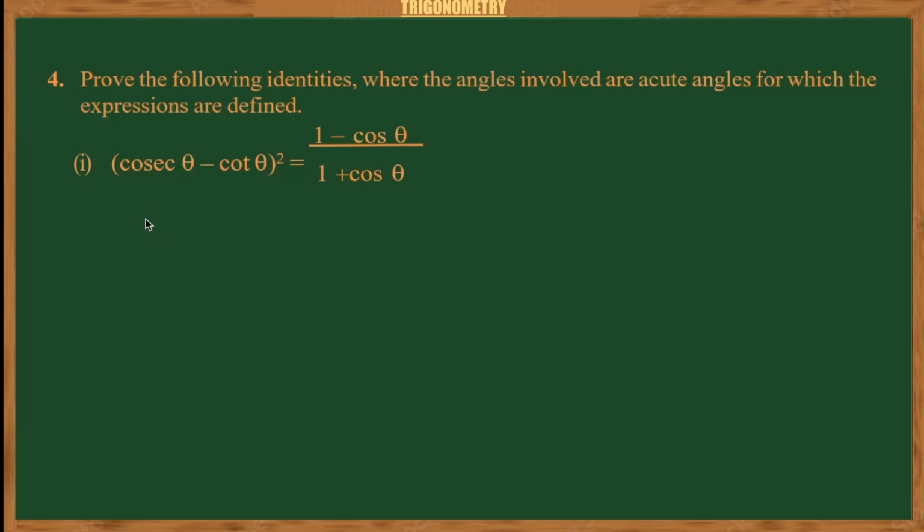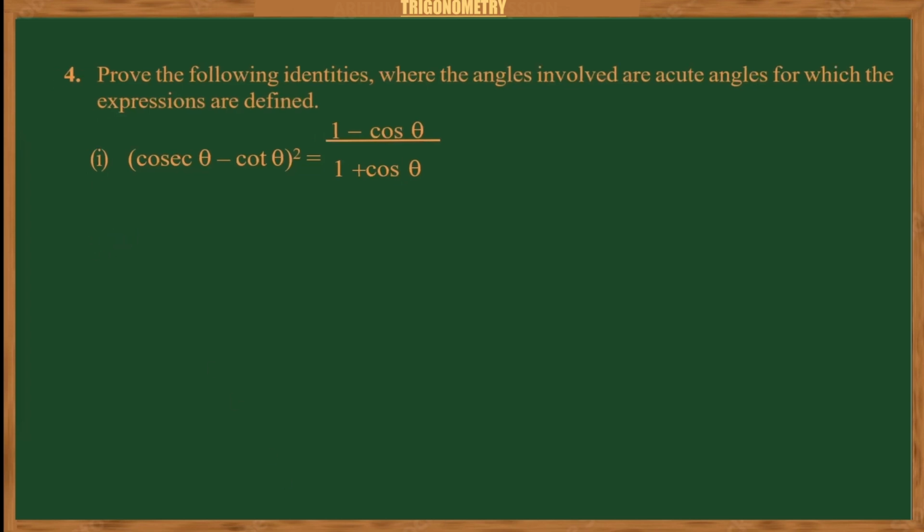So in this case we can see cosecant square theta minus cosecant theta minus cot square theta. And the right hand side, this is what we need to prove here, right? So it is in terms of cos. So let's go ahead with the conversion in terms of sine and cos. Cosecant theta can be represented as 1 by sine theta.